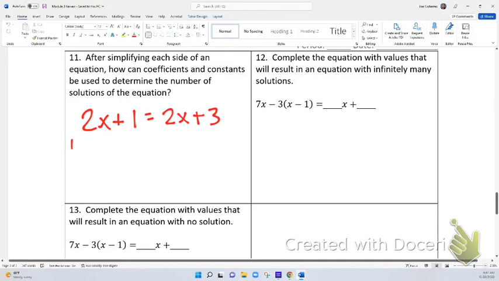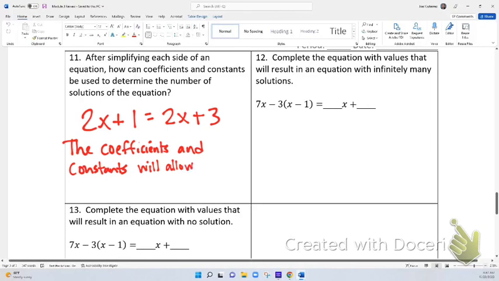So we're just going to write the coefficients and constants will allow us to determine, and then the three types of problems that we have are no solution, one solution, or infinite solution.